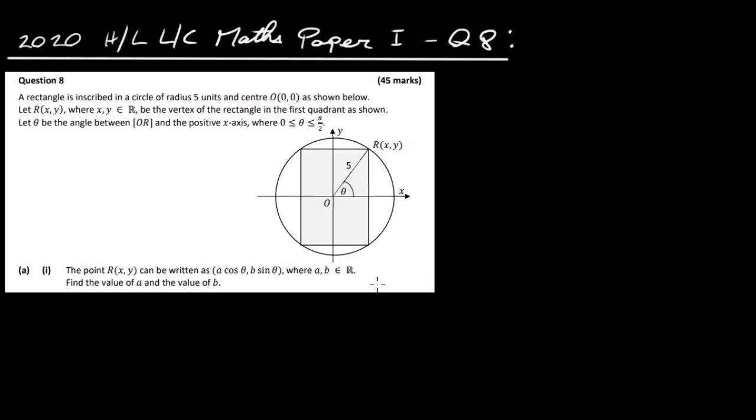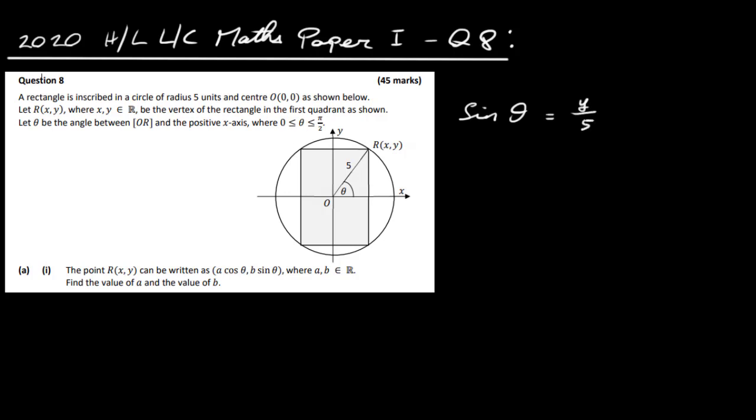Okay, so what we're going to do here is take a look at this triangle, and look at the sine and cos of theta. The sine of theta is just going to be y over 5.